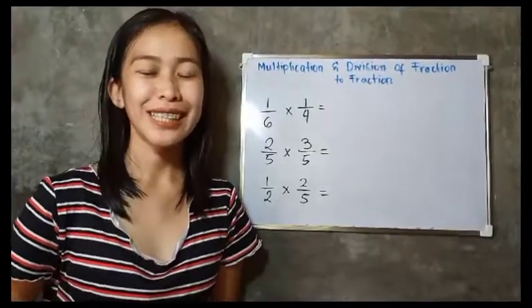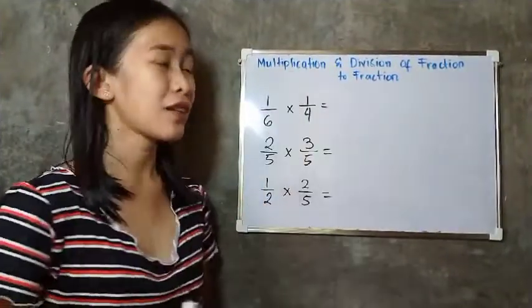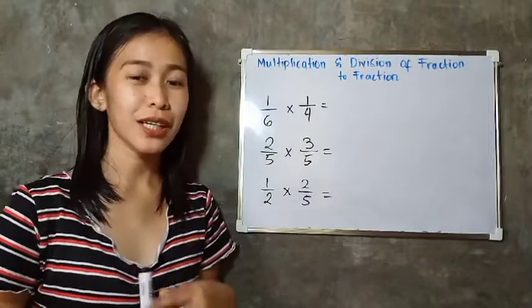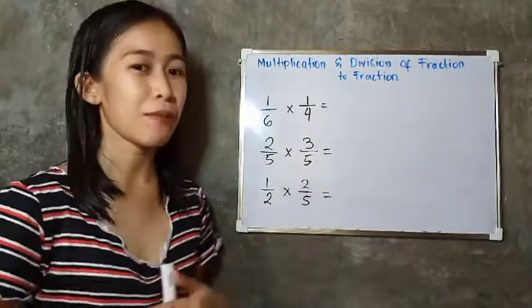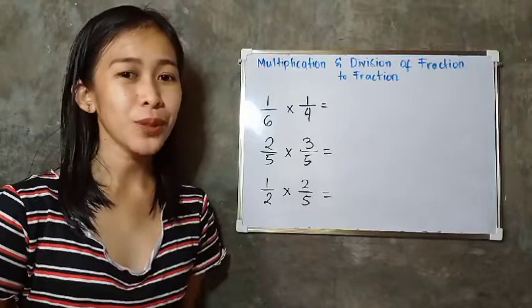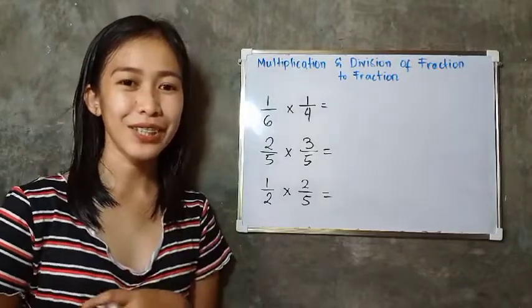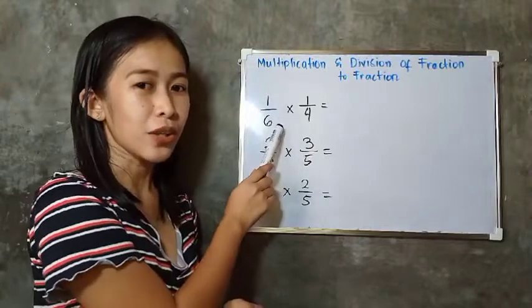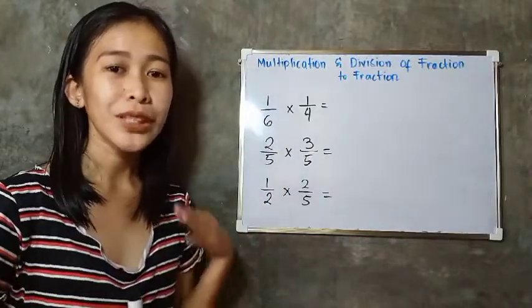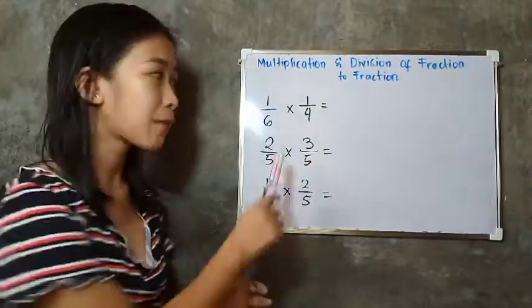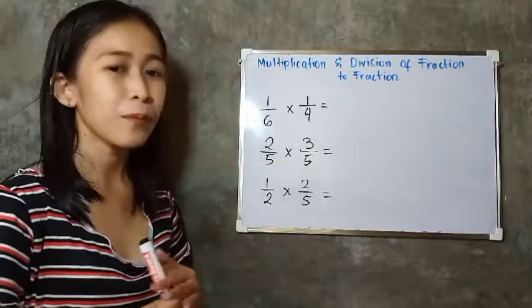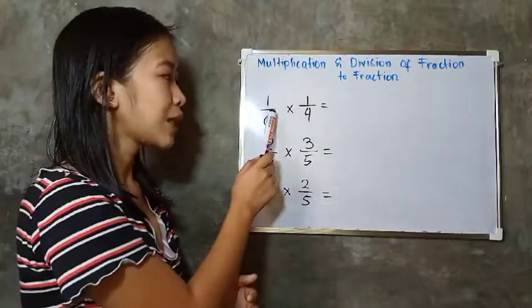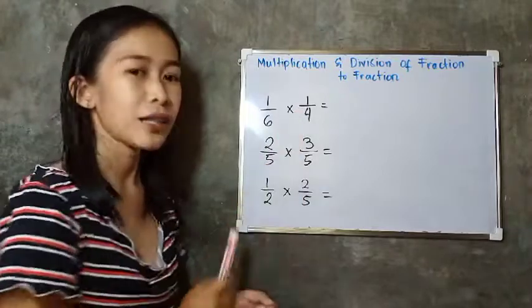So, the first thing we will discuss is the multiplication of fractions to fractions. And after this is the division. When you are going to multiply fractions, it is very easy. Remember, we have the numerator and the denominator. And it doesn't matter whether the given fractions are similar or dissimilar. For example, in number 1, we have 1 over 6 times 1/4.